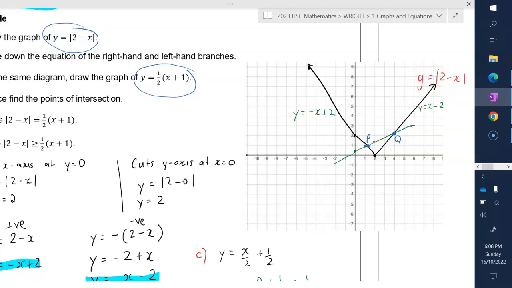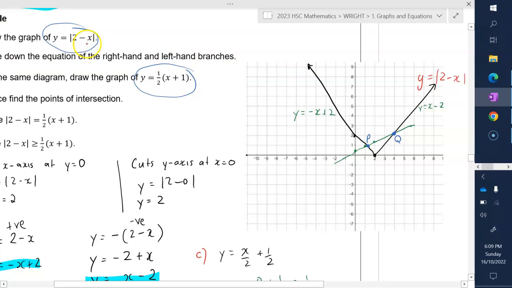Okay, so when it's greater than or equal to, it means it's above it. So when is that black line above the green line? So the black line is above the green line from Q onwards and from P in the negative direction. So we've got two places where that actually happens.